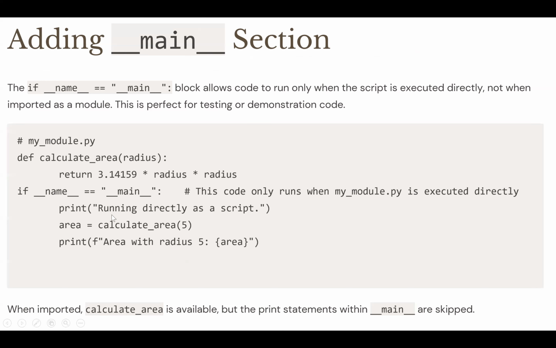It prints running directly as a script, then area is equal to calculate area with radius 5. It calls this function and prints the area of a circle. Otherwise the main block is skipped.